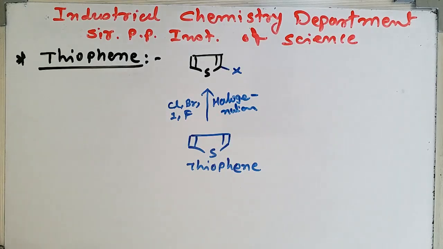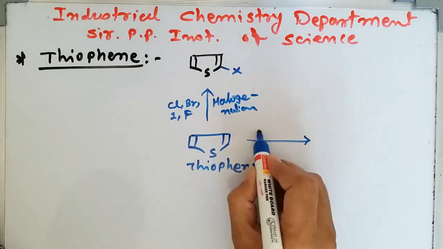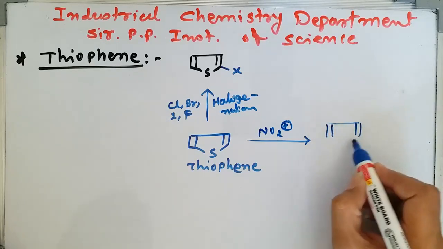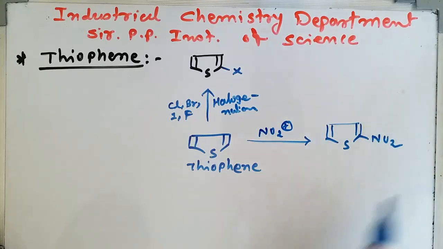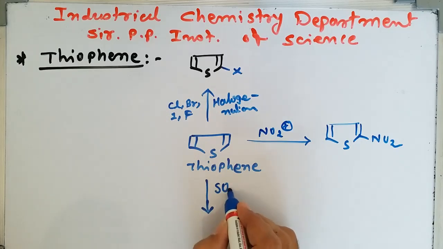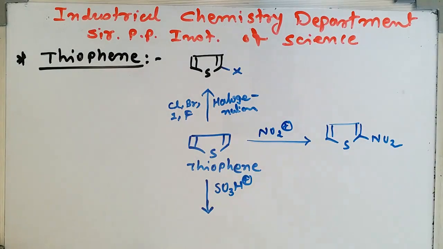If nitration takes place, then we get 2-nitrothiophene. In the sulfonation reaction, SO3H is introduced with the help of sulfuric acid, and thiophene-2-sulfonic acid is formed.